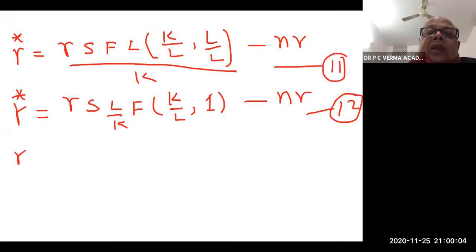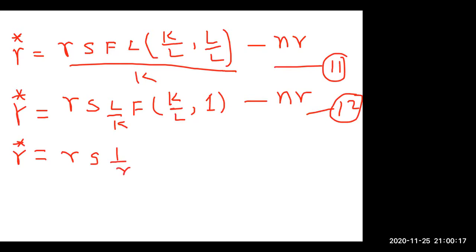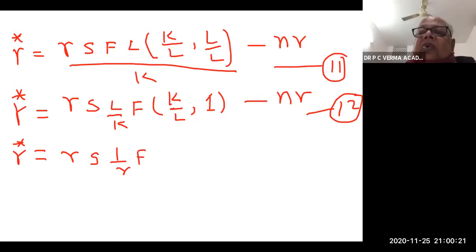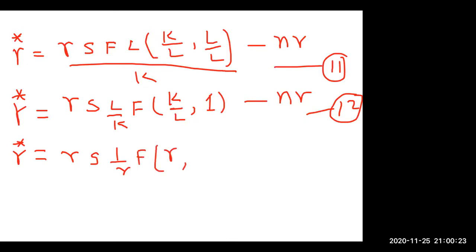Now you are in a position to write R S L by K is equal to 1 by R. L by K is equal to 1 by R, K by L is equal to R. R will be cancelled out.